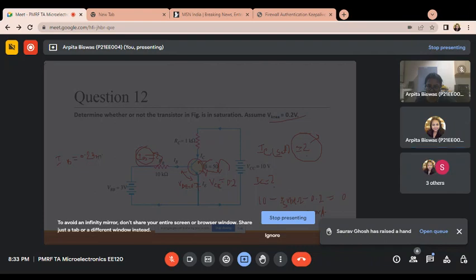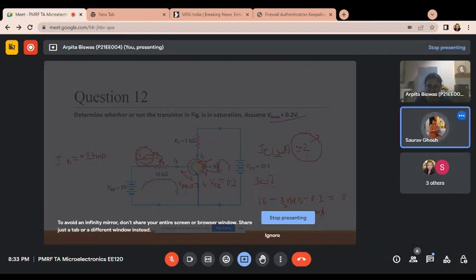Just take the loop: VBB minus IB RB minus 0.7 equals 0. Samuel, please calculate the value of IB. 0.23. Yes.